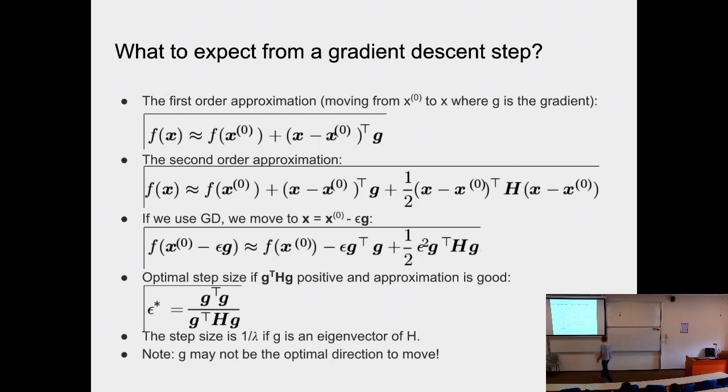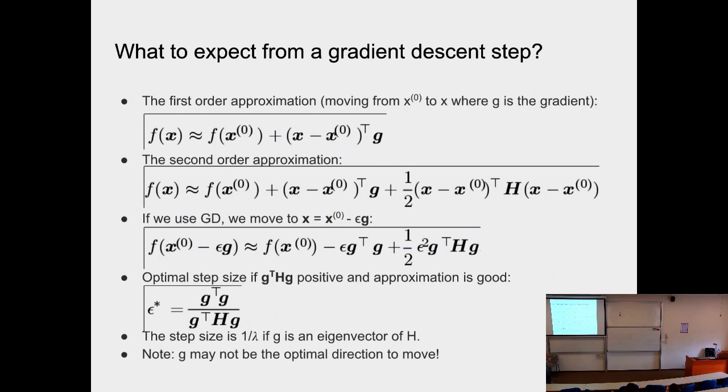So if I'm stepping in the gradient direction, x is equal to that, right? And that means my second order approximation becomes epsilon g transpose g plus 1/2 epsilon squared g transpose H g. I'm just substituting epsilon g wherever I see x minus x0.